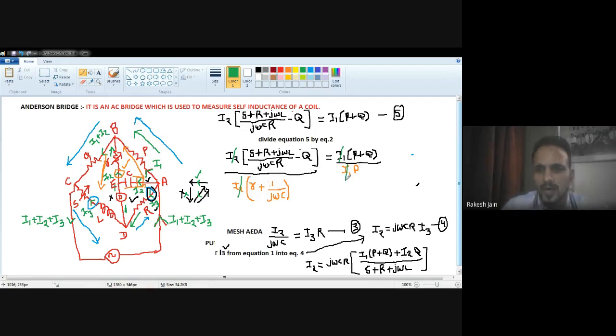So (p + q) divided by p, multiplied by (r + 1/(jωC)), or we can say (r jωC + 1) divided by jωC, multiplied by (p + q) divided by p. And at the right hand side, (s + r + jωL − q/(jωC r)), so that is (s + r + jωCL − q jωC r) divided by jωC r.